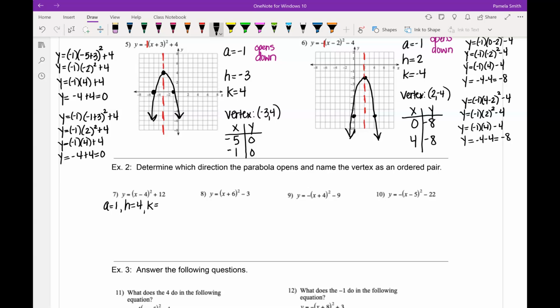And k equals 12. So does this one open up or open down? A is positive, so does it open up or down? Up. So it opens up. And what is my vertex? The ordered pair, 4, 12.